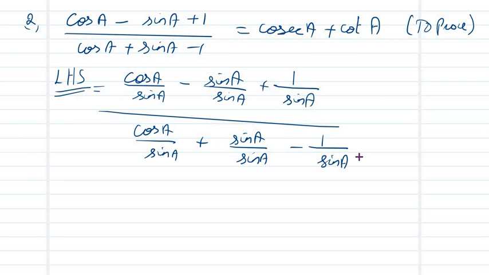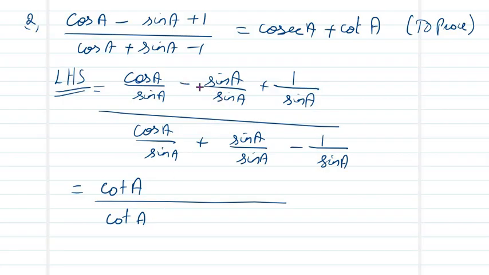Cos A by sine A is cot A in the numerator as well as cot A in the denominator, minus sine A by sine A cancels to give us 1, and in the denominator it will be plus 1, and 1 by sine A is cosecant A, cosecant A in the numerator and cosecant A in the denominator.